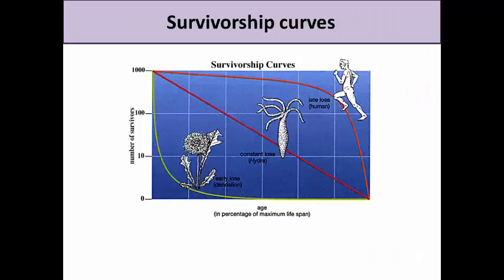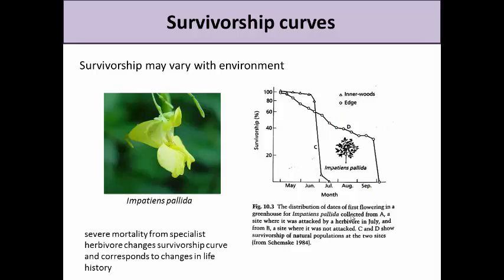So here are the survivorship curves one more time. Here, early loss, low parental care; high survivorship in early age classes but late loss, more like humans; and then constant loss. And here it just gives you a hydra, an invertebrate. So survivorship curves can actually vary greatly with the environment. These are two species of impatiens, and they're in different habitats. They're different populations.